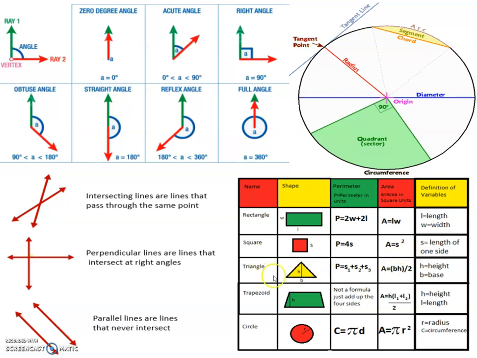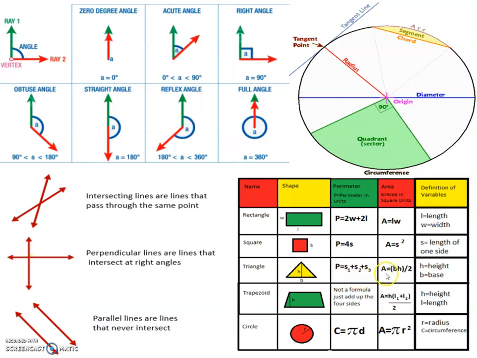Now next, triangle. The area of triangle is given by what? First perimeter: S1 plus S2 plus S3, means addition of three sides of the triangle.